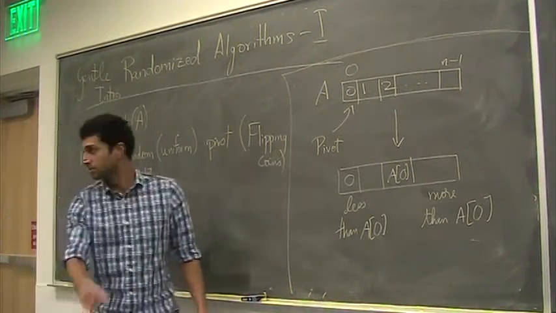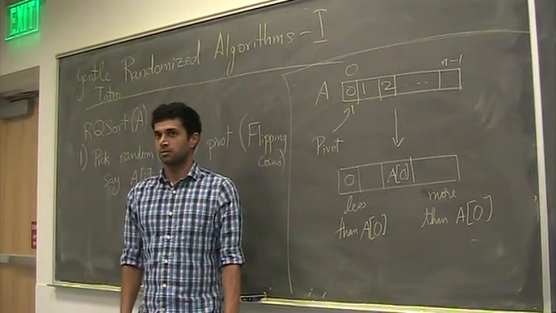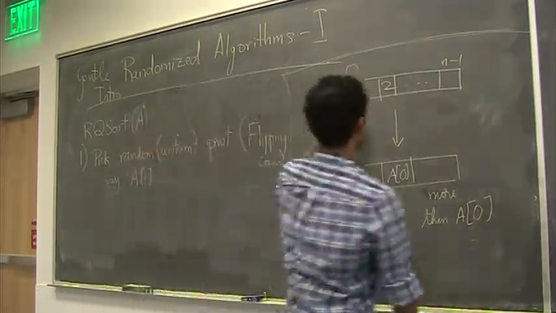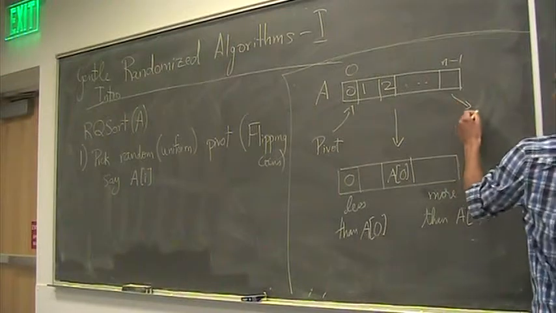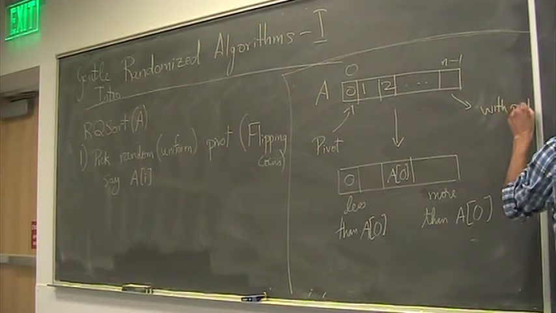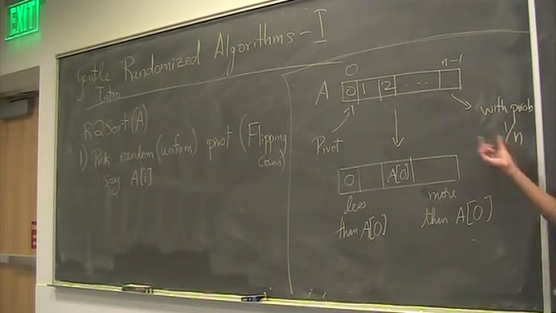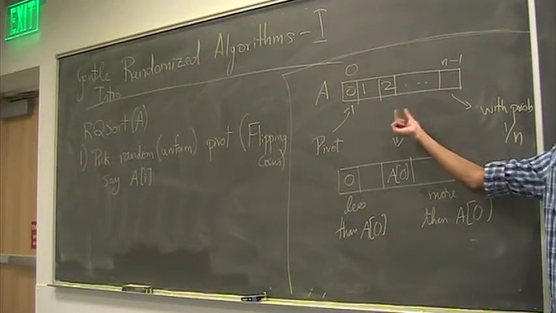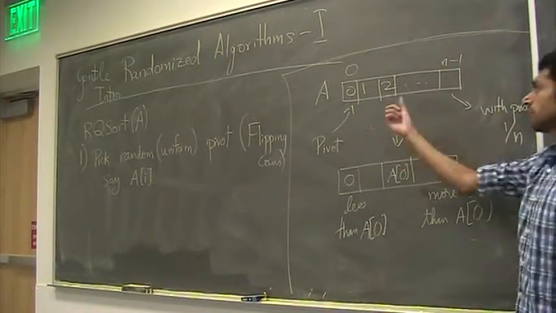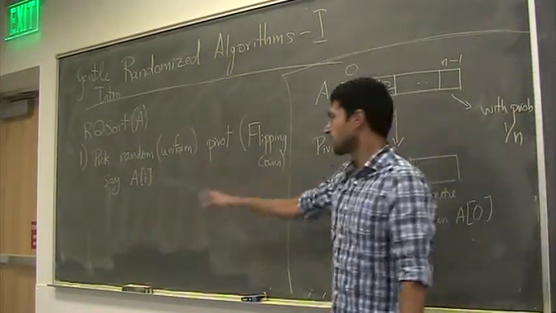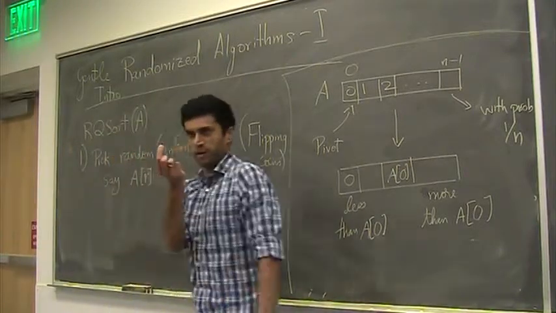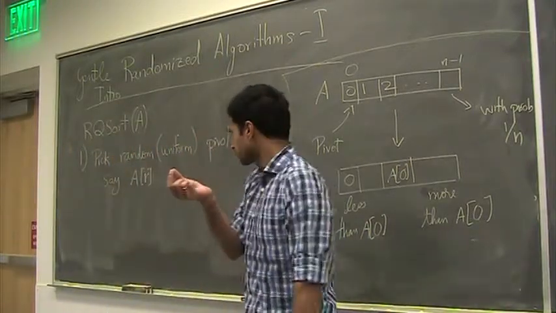Uniform at random means that we pick each element with equal probability. Like they're all equally likely. Yes. Yeah, so what that means is each of these is picked with probability 1 over n, where n is the length. So you can imagine you're just going to pick a random number from 0 to n minus 1, and you set that to i. Maybe I will call it r to denote the random index that's picked.